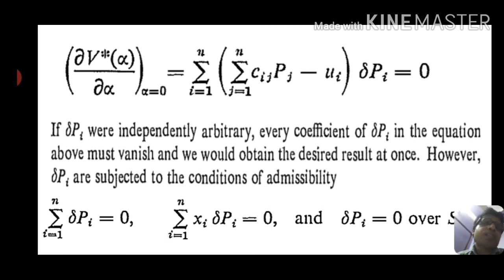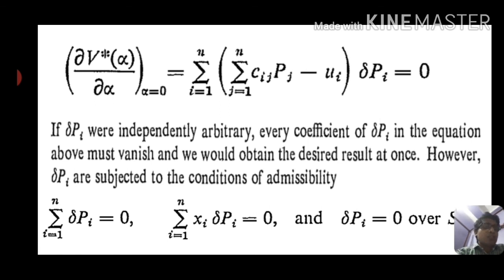Conversely, we shall show that if Pi satisfies all conditions of equilibrium and is compatible with the specified displacement over SU, then V star is a minimum. We begin by considering the complementary virtual work, the summation over i equal to 1 to n of Ui delta Pi, done by a set of small admissible variations.